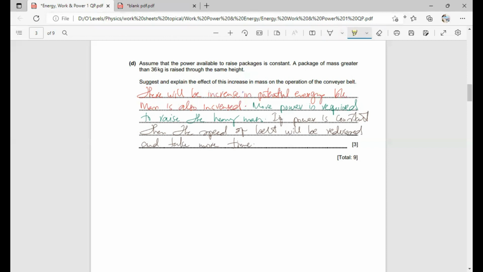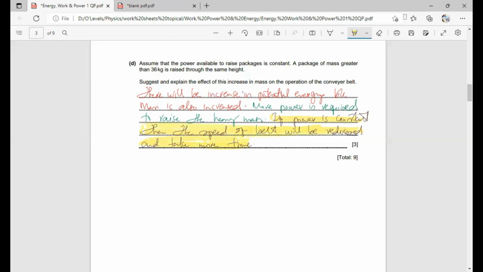No, actually the reason is that more power is required to raise the heavy mass. But considering that power is constant, the speed of the belt will be reduced. If we run the motor with the same power, its efficiency becomes lower, its speed is reduced, and it takes more time.